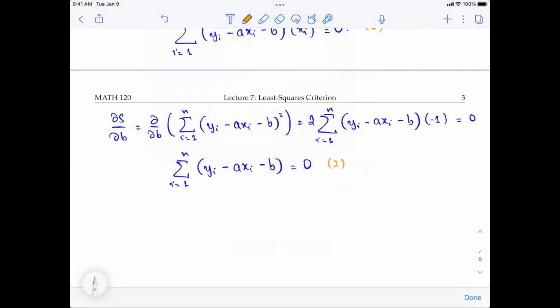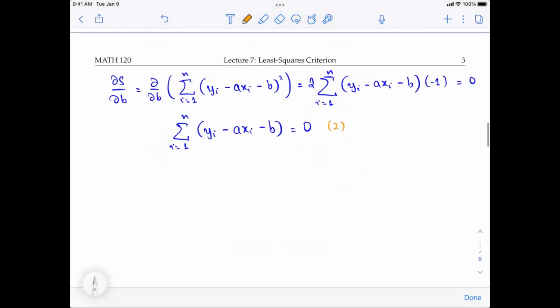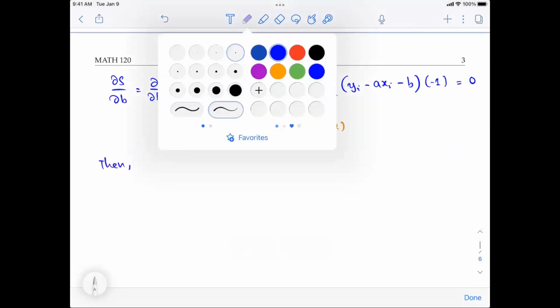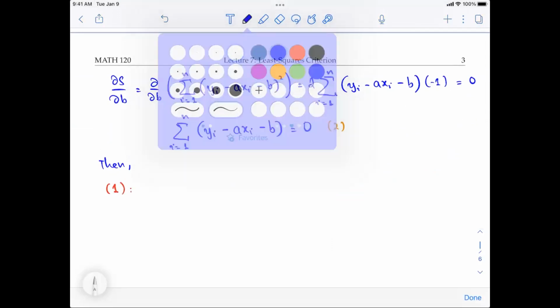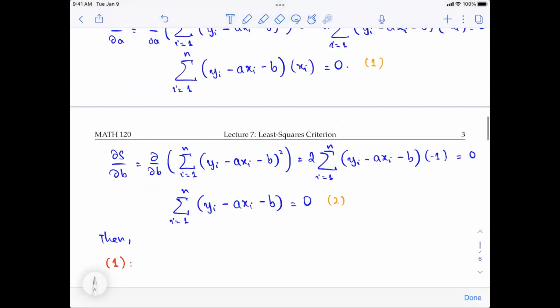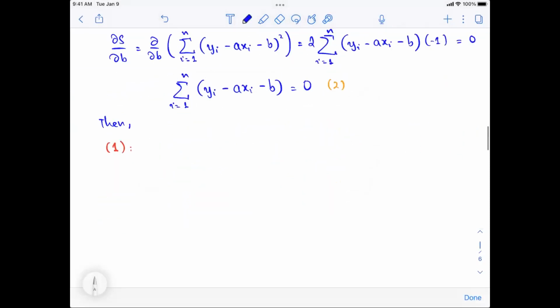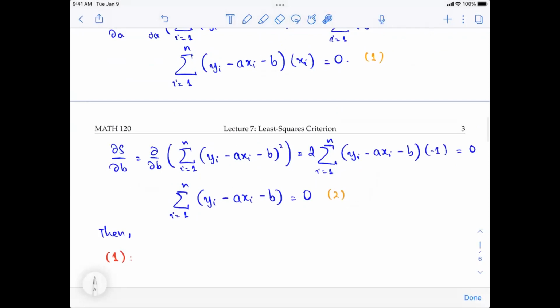All right, so you take the first equation and the second equation. From the first equation, you distribute x sub i into the parentheses. Right, so you're going to get x sub i times y sub i, then minus a times x sub i squared, and then minus b times x sub i.